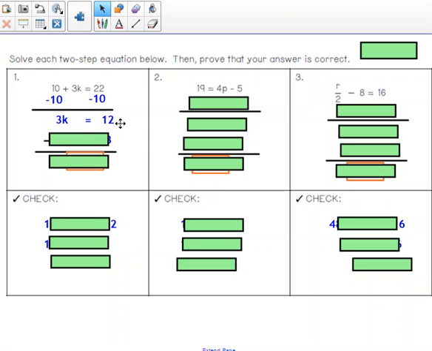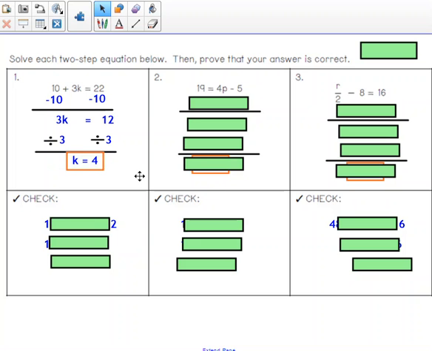Well, now I want to get rid of the multiplication. It's being multiplied by 3. So if we want to isolate the variable, we have to now divide both sides by 3. And that will cancel out the 3's. So I'm left with the k. But over here, I'm left with 4, because 12 divided by 3 is 4. So k has a value of 4.